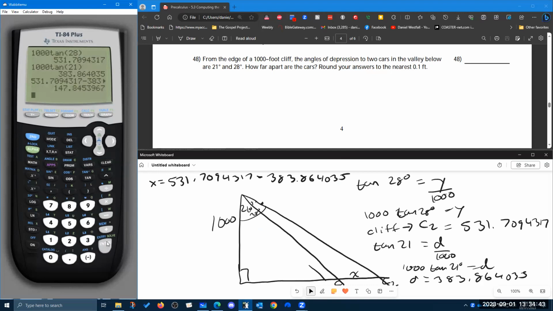We want this answer to the nearest tenth of a foot. So X is about 147.8 feet.